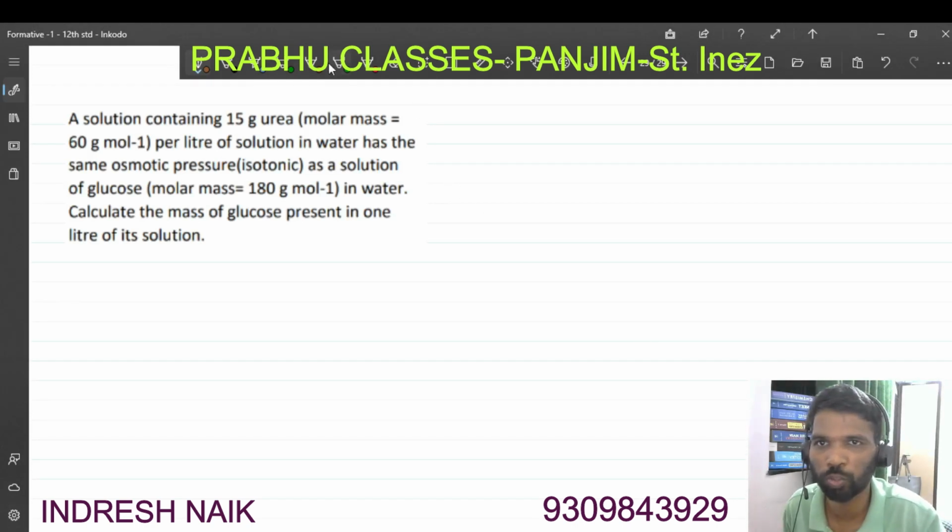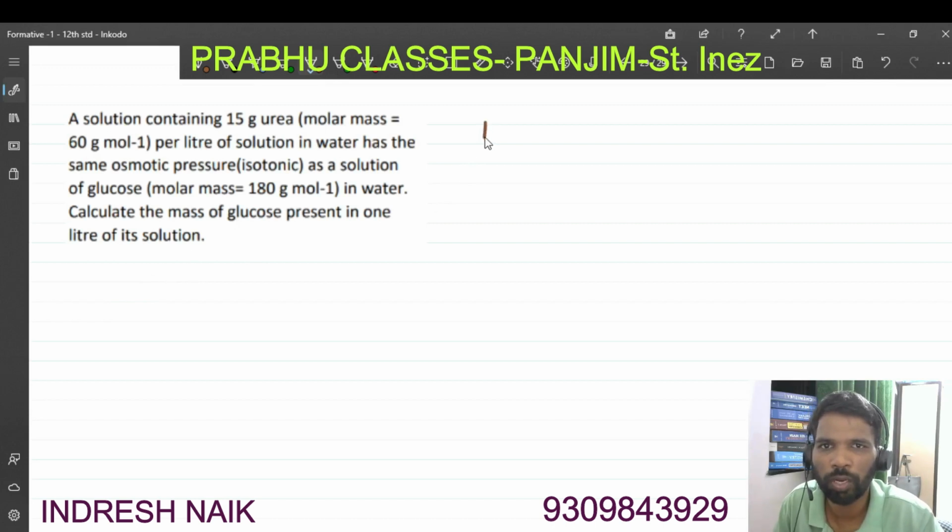As we know what osmotic pressure is, we'll understand this. The question asked: a solution containing 15 gram of urea per liter of solution in water has the same osmotic pressure as a solution of glucose in water. Calculate the mass of glucose present in 1 liter of solution.